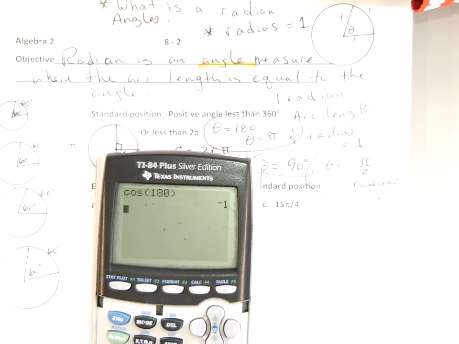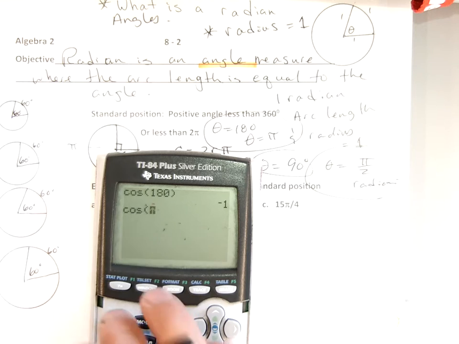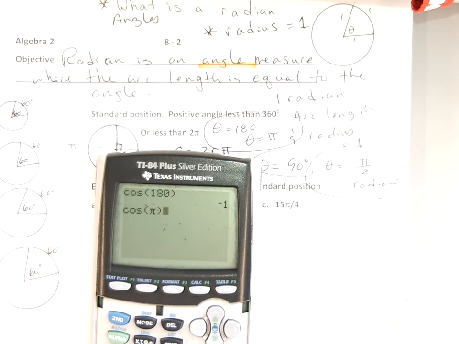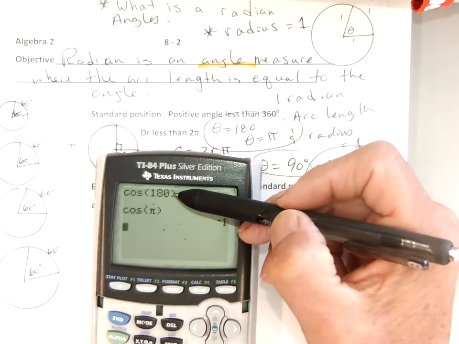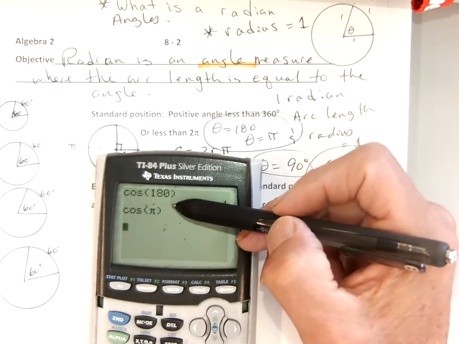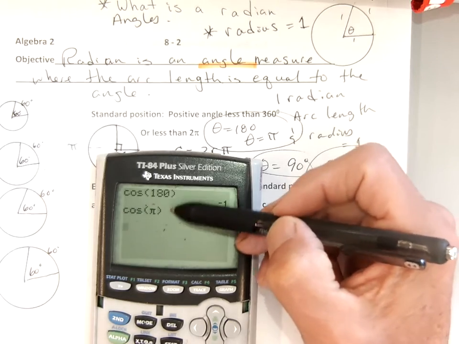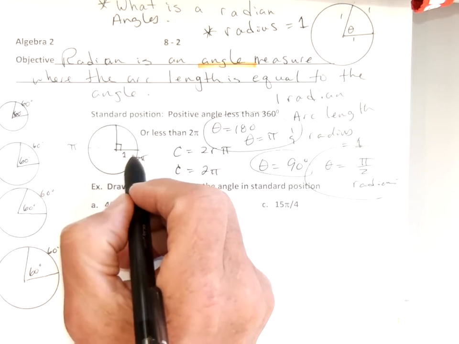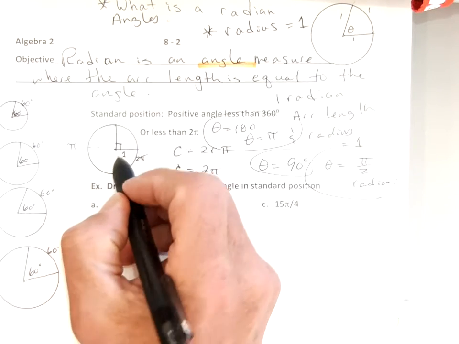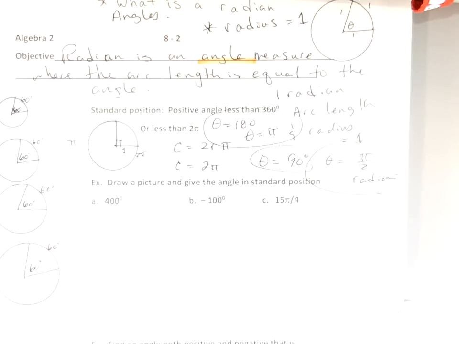If I did cosine of pi, what do I get? Same answer. The two angles are the same angle. This is in terms of degrees. This is in terms of radians. They're the same angle. The reason why you do radians is because it connects the arc length to the angle. We're going to talk more and more about that, okay?